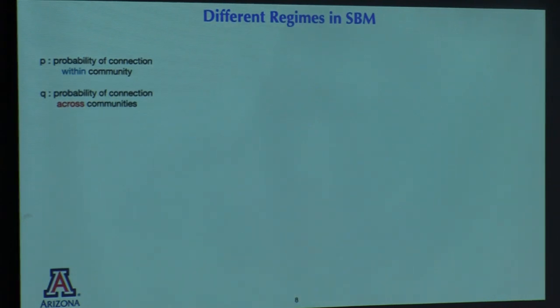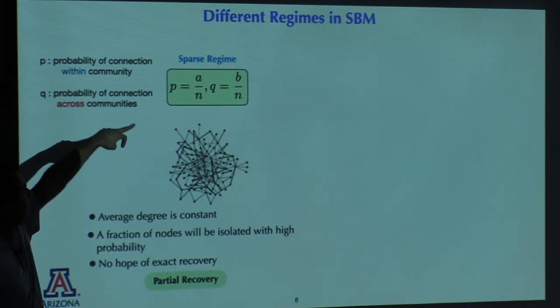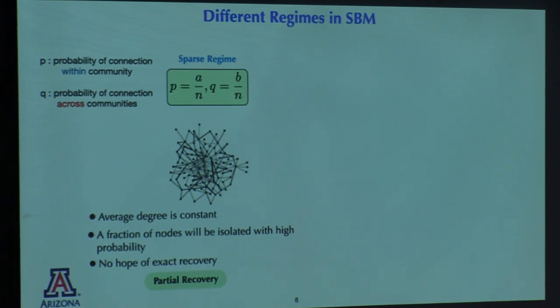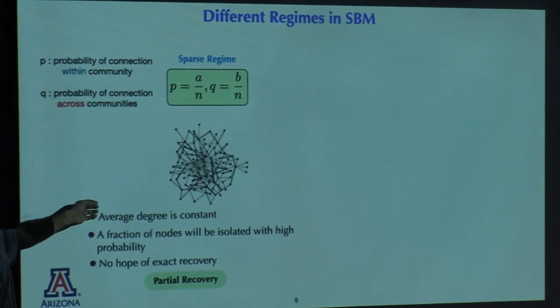Okay. So it turns out there are different interesting regimes in SBM. Suppose P and Q scale inversely proportional to n, where n was the size of the graph. So P behaves like some constant a by n, and Q scales as a constant b by n. This means that the average degree of every node is constant.